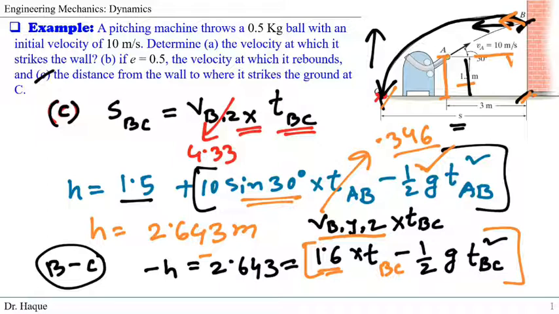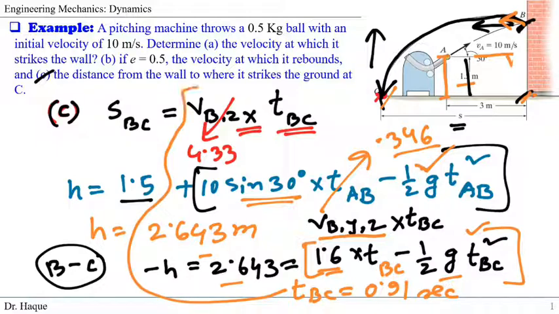Time is TBC, half g TBC whole squared, and the only unknown is TBC. We know g, we know this part, so we can find TBC, which equals 0.91 seconds approximately. So once you find TBC, all you have to do is go up and plug it in here. Sweet.